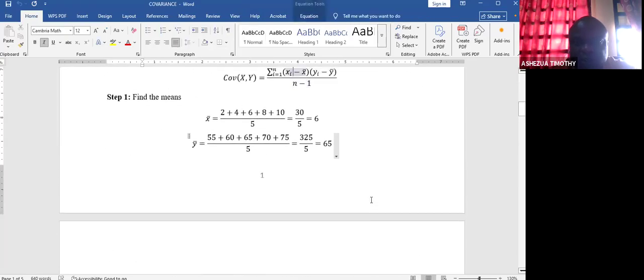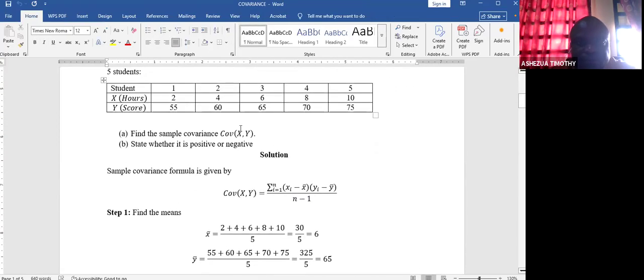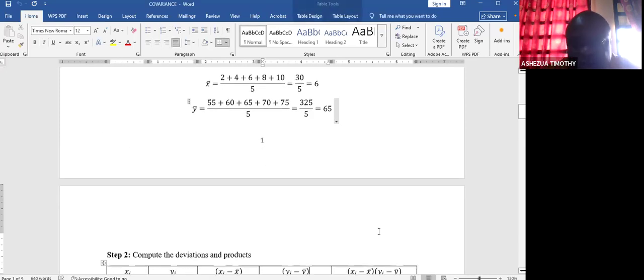the very first thing you do here is to find the mean of x and the mean of y. Obviously, n is 1, 2, 3, 4, 5. So the very first step you take here is to find the mean of x.